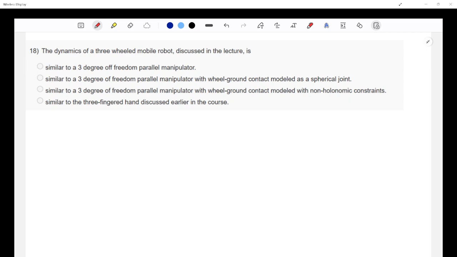We are again analyzing a tricycle with omni wheels or torus wheels. Think of the robot like this: each wheel is attached like a kinematic chain, and all wheels connect the platform to the ground. So this is like a parallel manipulator, right?